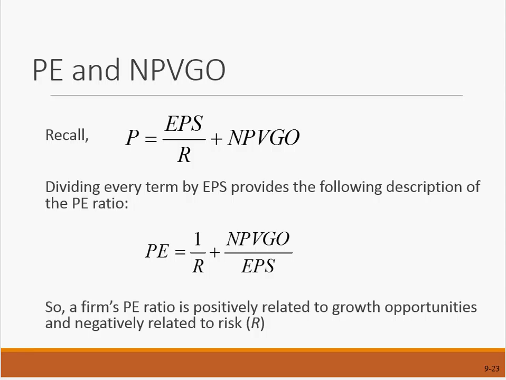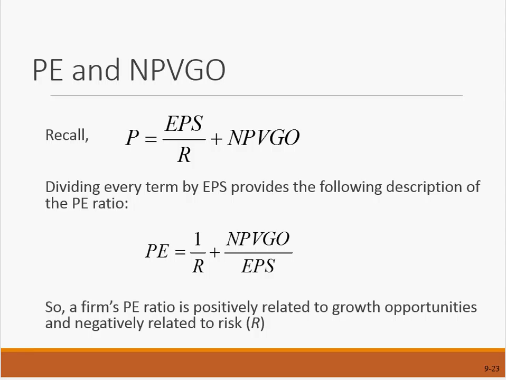So that's the PE ratio. So the PE ratio is equal to 1 over the interest rate, plus growth opportunities. All right, so the larger the required return, the lower the PE ratio, all else equal.